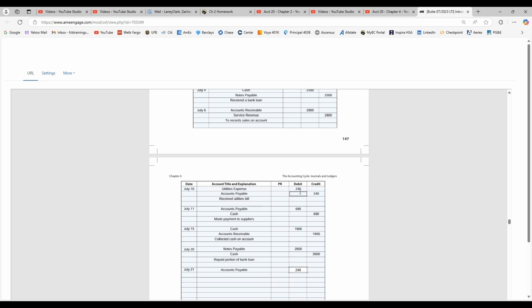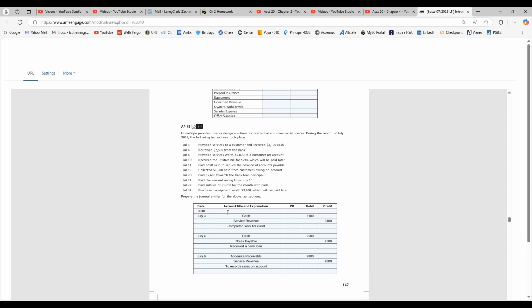So we increased our liability, and now we're paying the $240, and so we're going to decrease our liability there with the debit. And that was paid amount owed from July 10th. We'll just input that for an explanation.